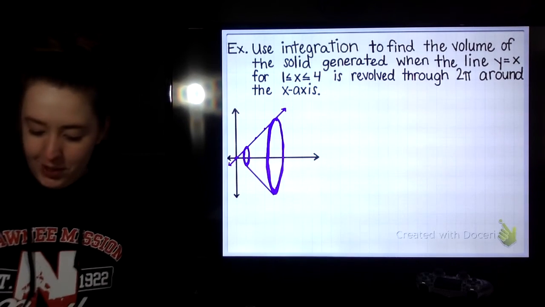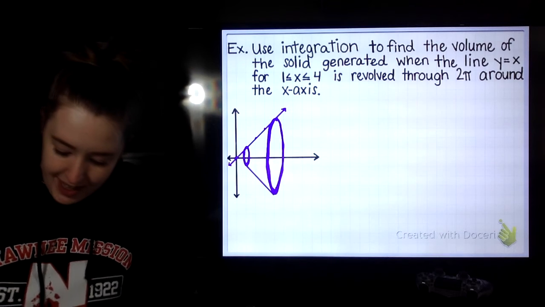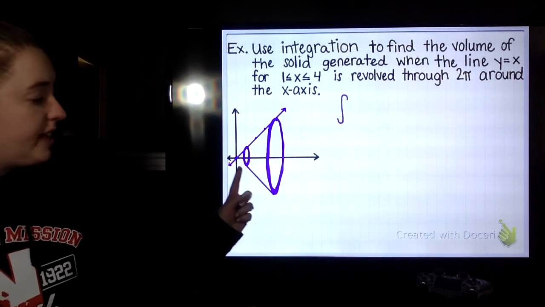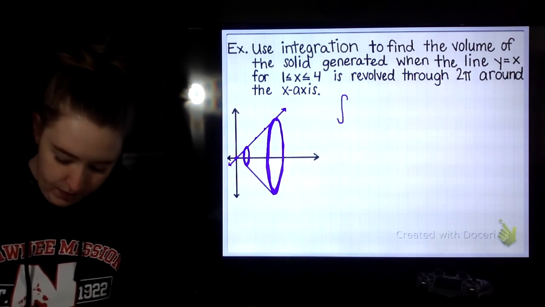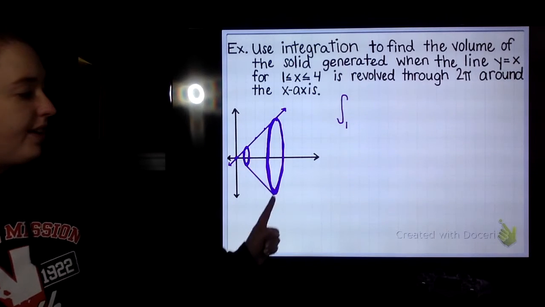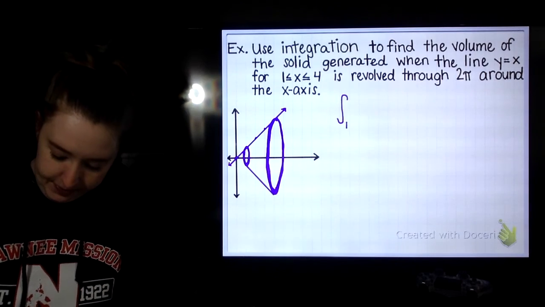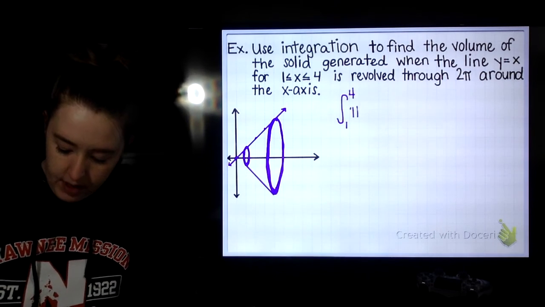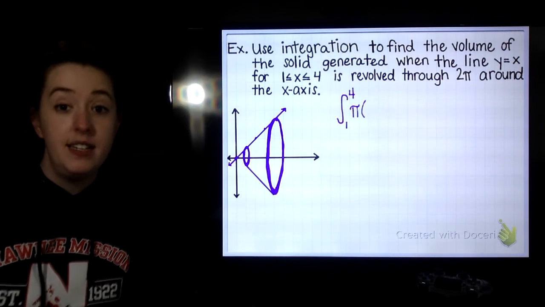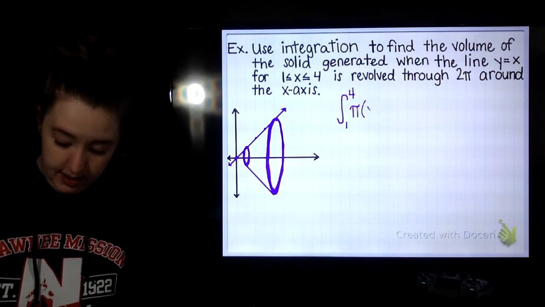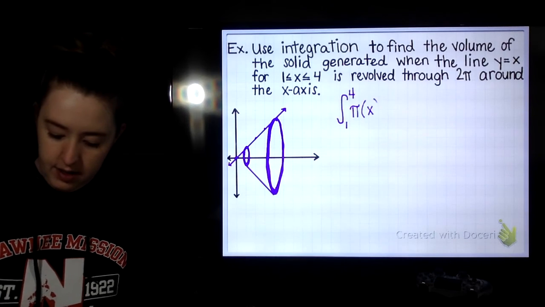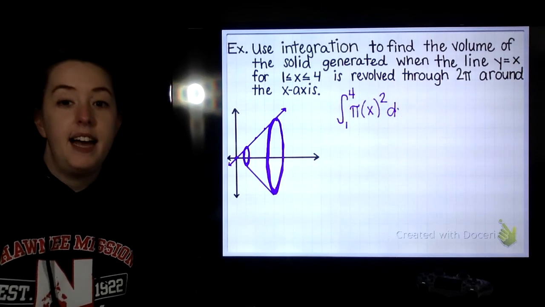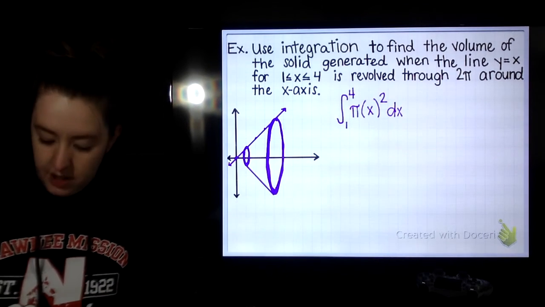So first of all, we know we're going to want the integral from my first x value at 1 until the x value at 4. And then I'm supposed to take pi times whatever my function is, and my function here is just x. Square my function, dx.